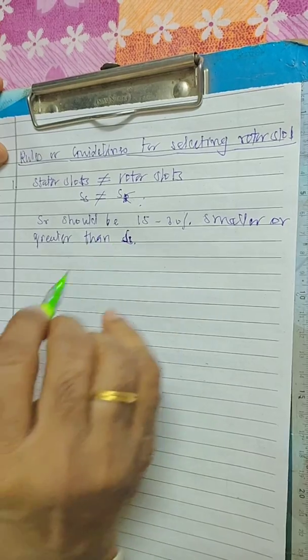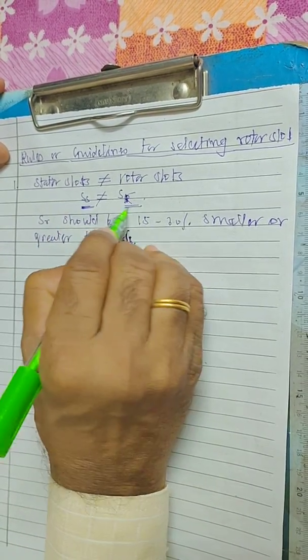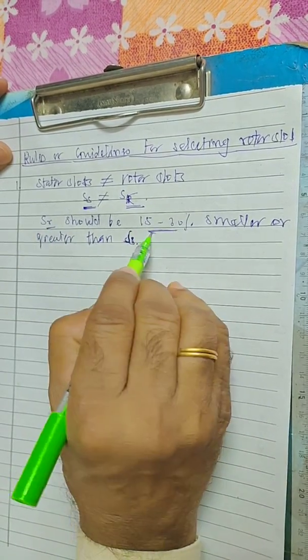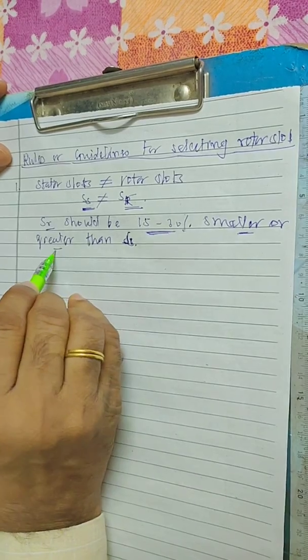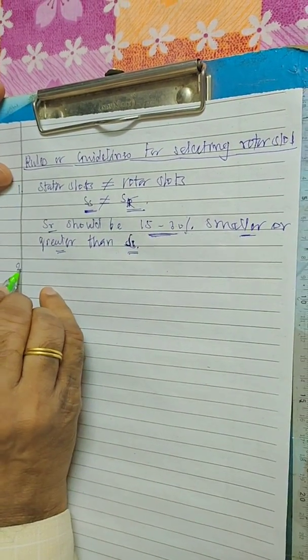This is guideline number 1. Stator slot should not be equal to rotor slot, and rotor slot should be 15 to 30% smaller or greater than the stator slot.